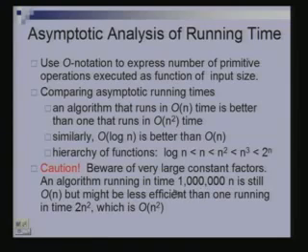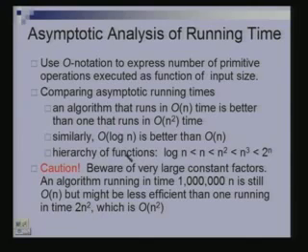You might have an algorithm whose running time is 1,000,000 times n, because you are doing a whole lot of other operations. I can't see how you would create such an algorithm, but you might. So this is big O of n, because this is less than or equal to some constant times n. And you might have some other algorithm with a running time of 2n squared.